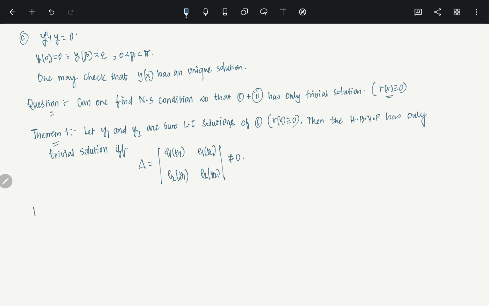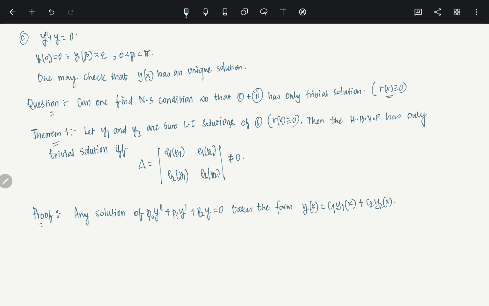Okay, the proof, a very easy proof. How do we do it? See, any solution of the equation p0 y double prime plus p1 y prime plus p2 y equals 0 takes the form y(x) equals c1 y1(x) plus c2 y2(x).